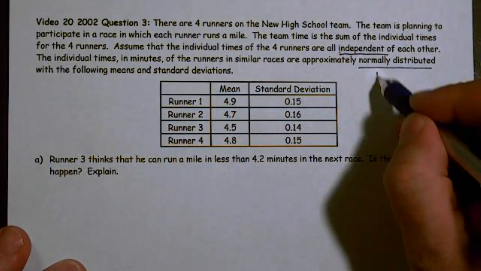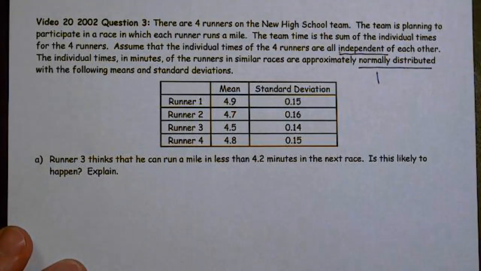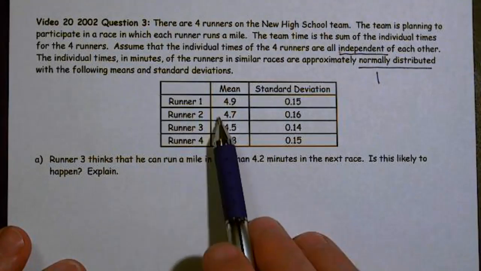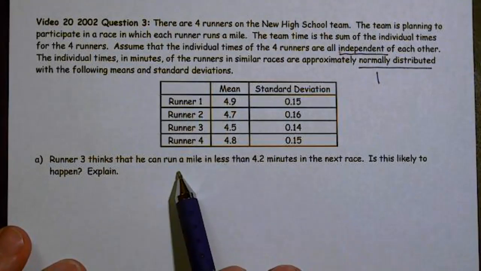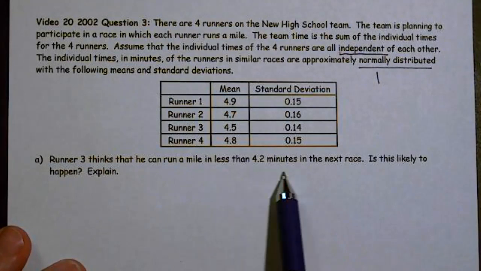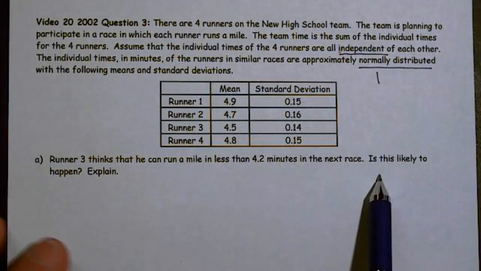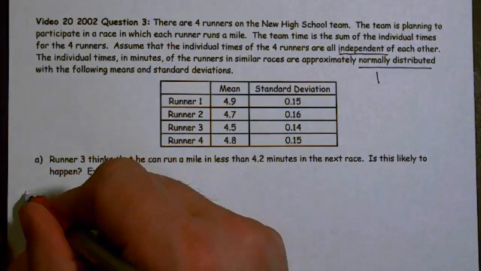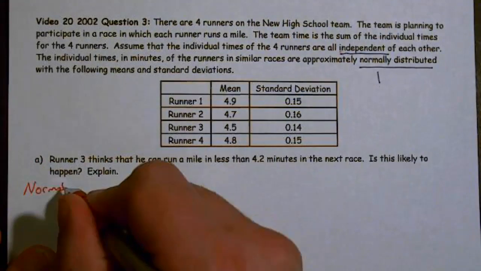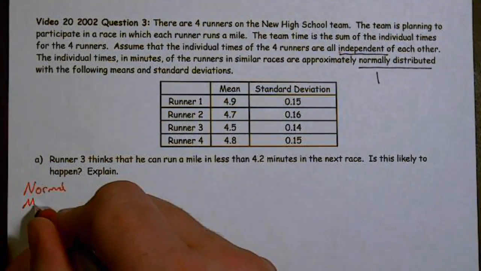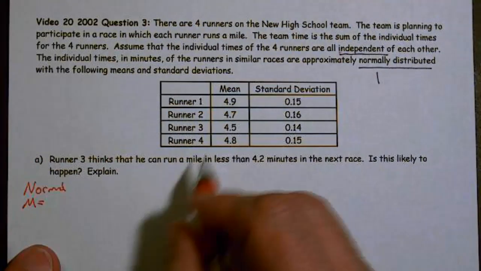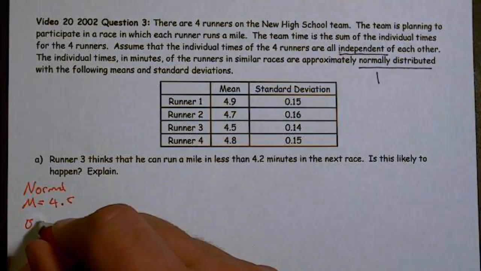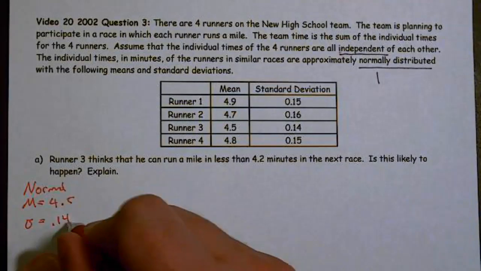That lets me go, oh, if they say normal, I'm probably working with the normal, and here are the means and standard deviations. Runner 3 thinks that he can run a mile in less than 4.2 minutes in the next race. Is this likely to happen? Well, they've already told us that we're working with a normal distribution. In this case, we have a mean of 4.5 for this runner, and a standard deviation of 0.14.